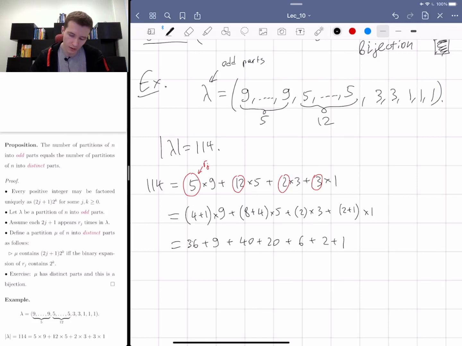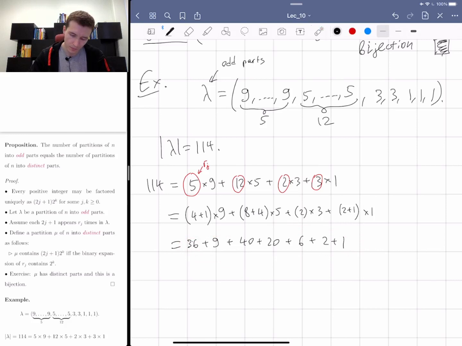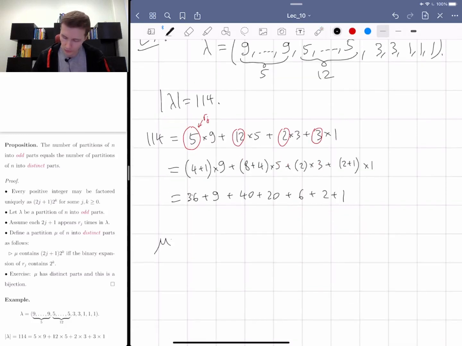And that's your partition mu into distinct parts. You just have to sort the answer: 40, 36, 20, 9, 6, 2, 1. Mu has distinct parts.